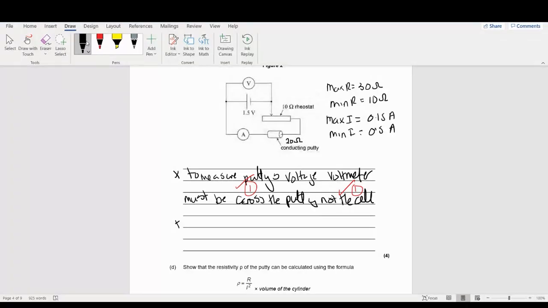So basically, the 10 ohm resistor does not provide enough results to see if Ohm's law is obeyed, because the amount of results you're going to get is, let's say you're able to get it up by 0.1 amp each time, it's going to be really, really small.